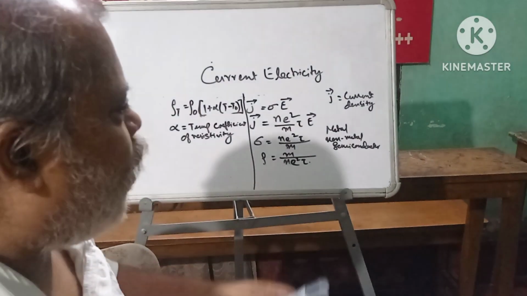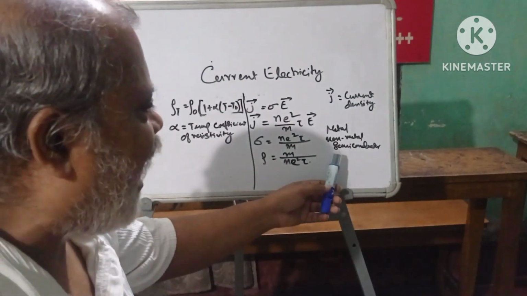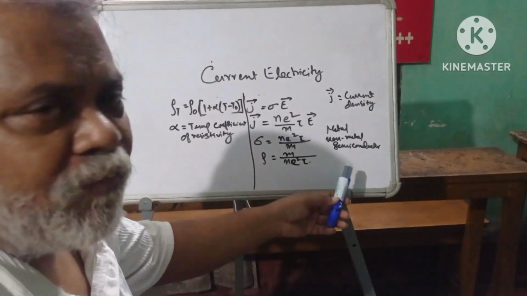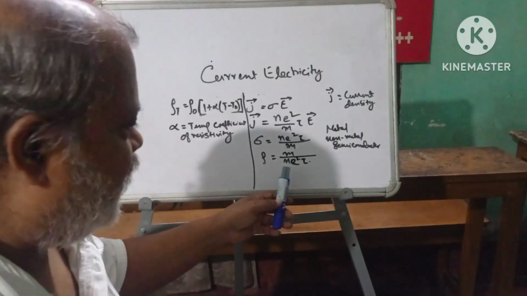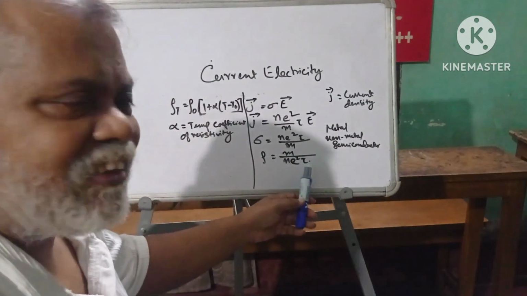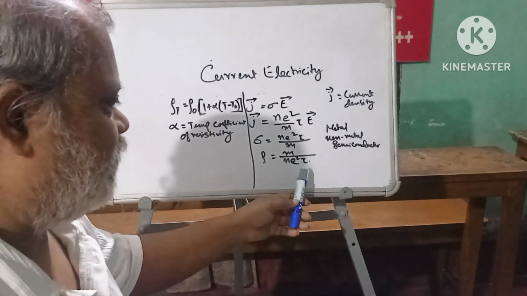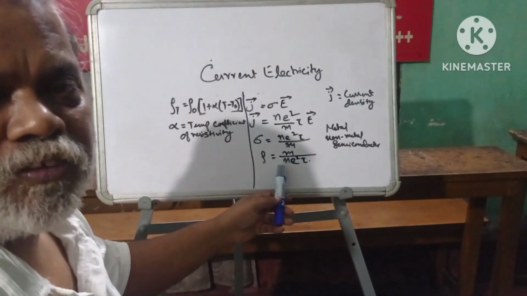But in case of non-metals or semiconductors, with rising temperature, the number of electrons increases. No doubt the relaxation time decreases, but in comparison to these two, there is a larger number of electrons with rising temperature.